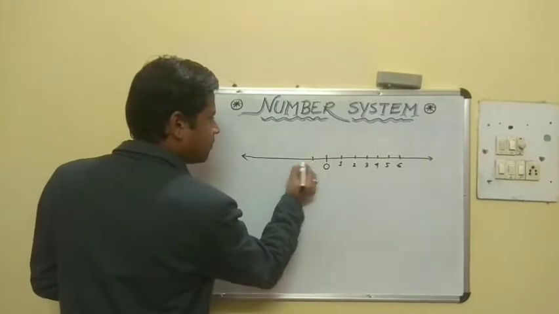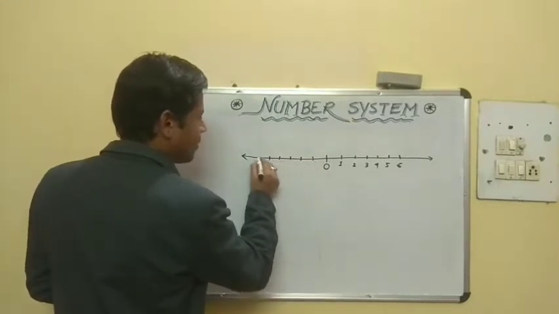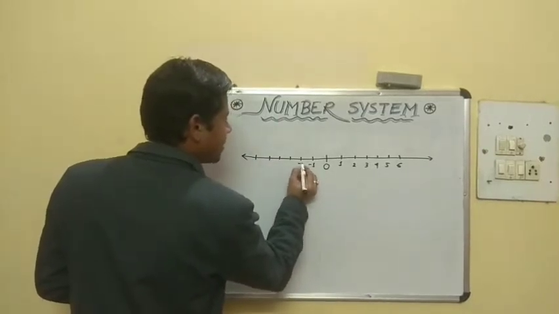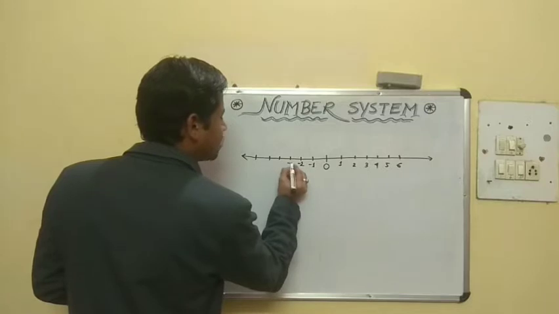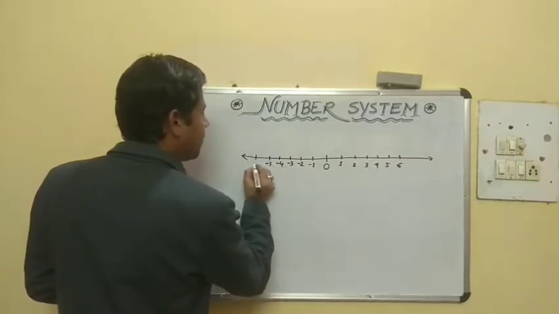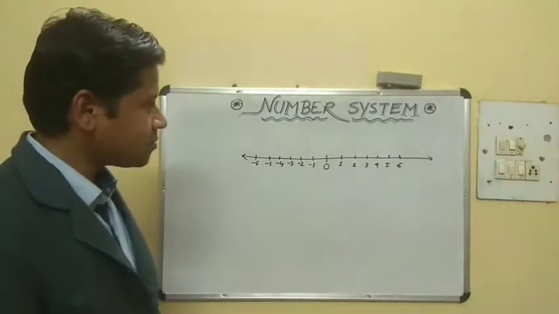Similarly, if you go to the back side of 0, the left side, you will find -1, -2, -3, -4, -5 and so on.